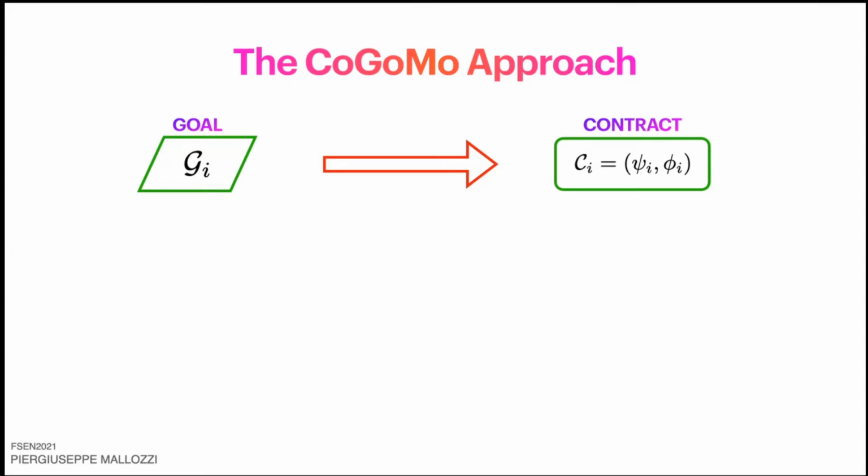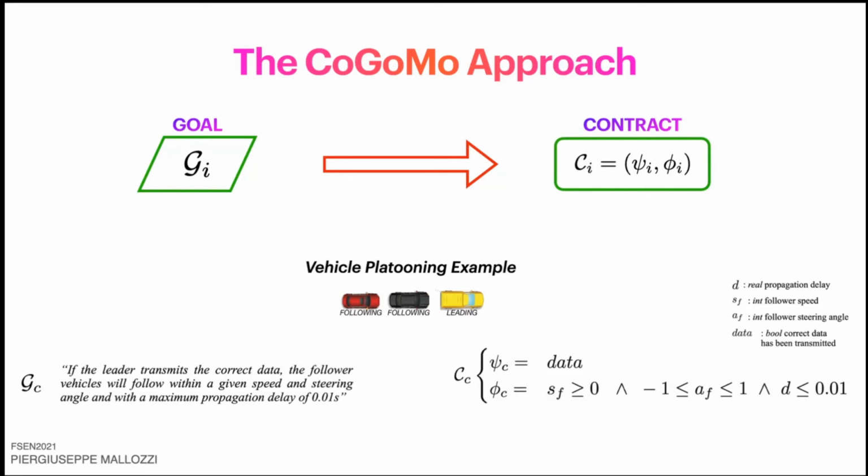For example, in our paper we show this vehicle platooning example. On one hand we have an informal goal representation. In vehicle platooning we have to model a leading vehicle which is guiding several following vehicles.